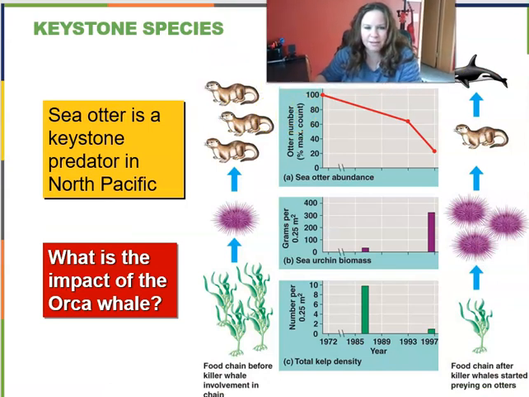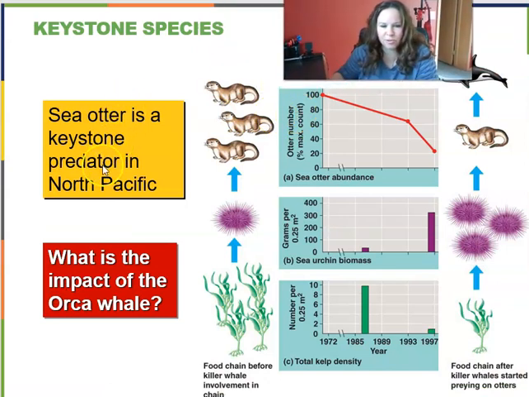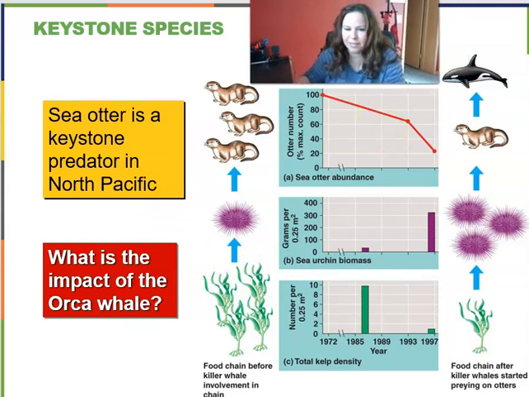Or the sea otter, a keystone species, predator of the North Pacific. The orca whale, in a study, started eating them more, and they found when more of those otters were eaten, the sea urchin population increased, which then decreased the producer population, which is not good.